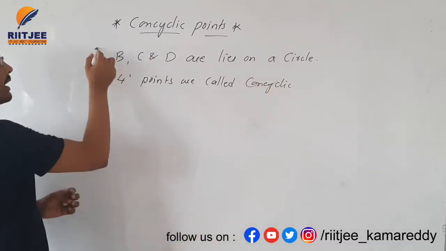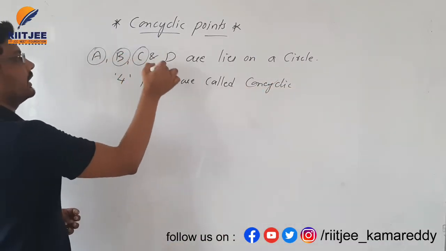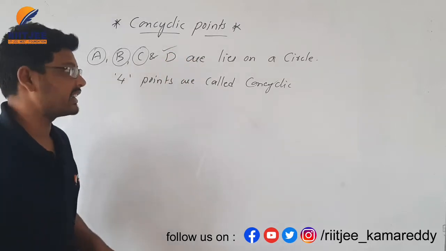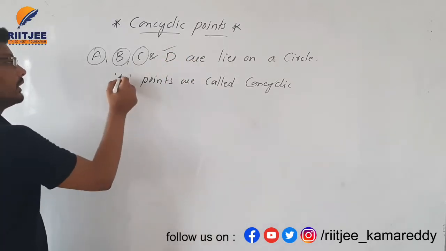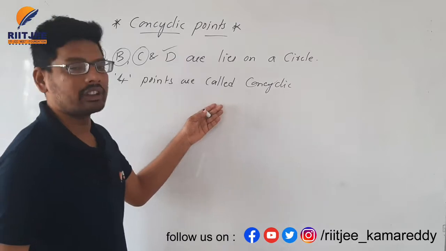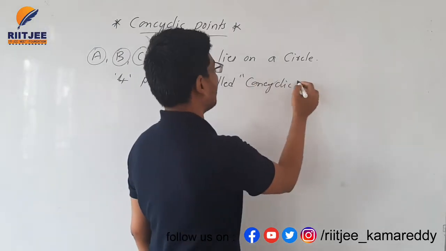When A, B, C and D lie on a circle, then these points are called concyclic points.